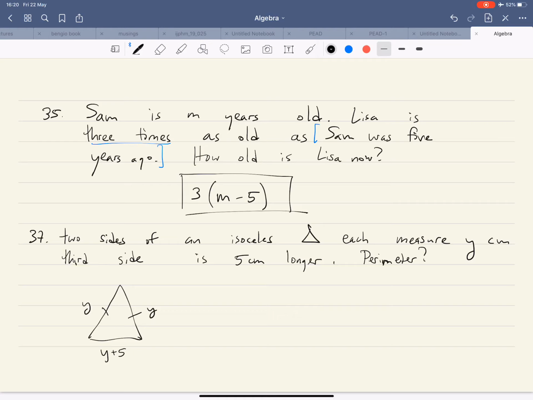So the perimeter is going to be the sum of all the sides, right? That's going to be y plus y plus y plus 5, or 3y plus 5. And I don't think that they're expecting you to simplify for the purpose of this problem. So this kind of answer would have been perfectly fine.